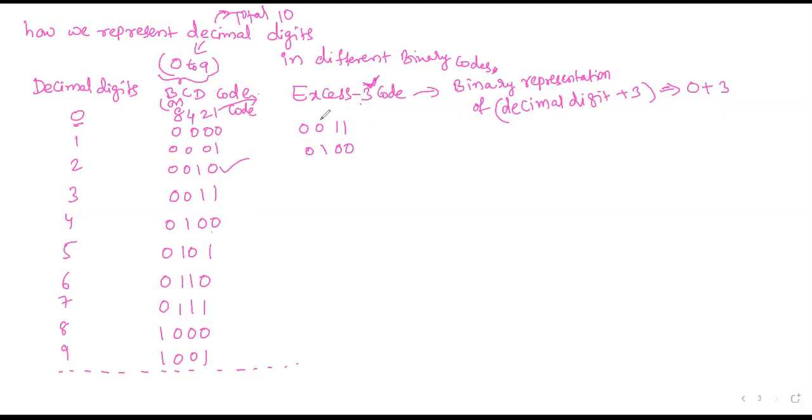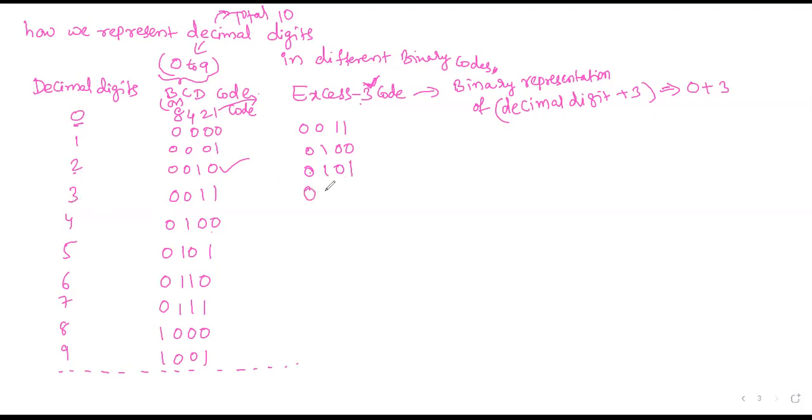Every decimal digit, you have to write the equivalent after adding 3. So 2, how do you represent in XS3? 2 plus 3, so 5. 5 you will write as 0, 1, 0, 1.